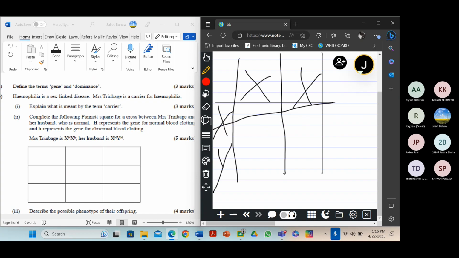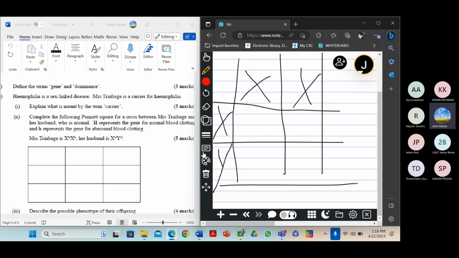And then your alleles now. So you have normal, hemophilia allele, then normal.